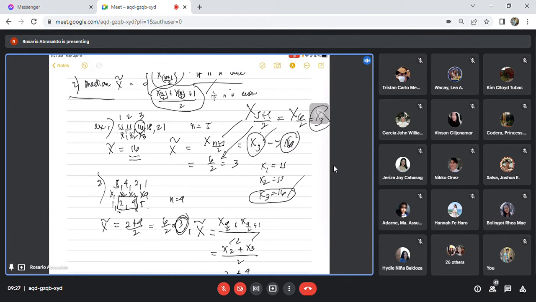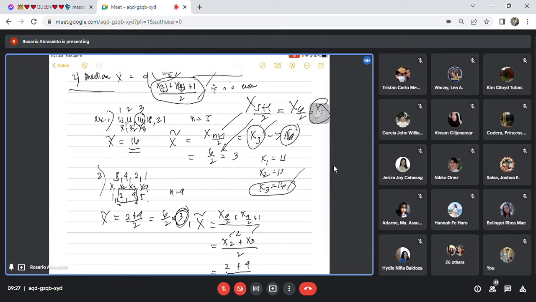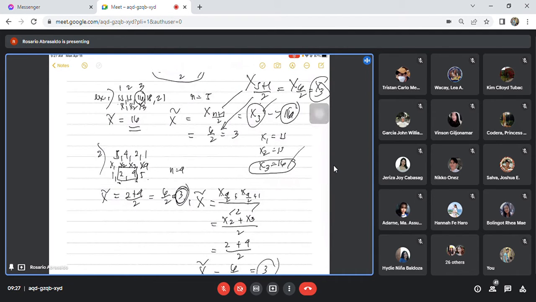But if we're going to use the second formula class, ano siya mahitabo? 4 man nakabuk ang ato ang data. So, x sub n over 2, 4 over 2 plus x sub 4 over 2 plus 1. So, ang hitabo, x sub 2, 4 divide 2 plus x sub 4 over 2, 4 divide 2, 2 plus 1, so x sub 3.